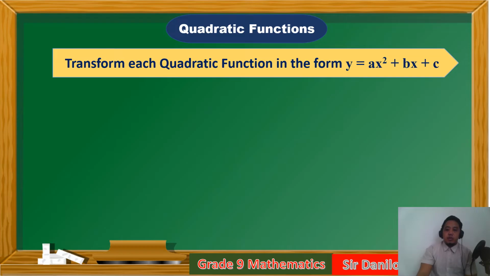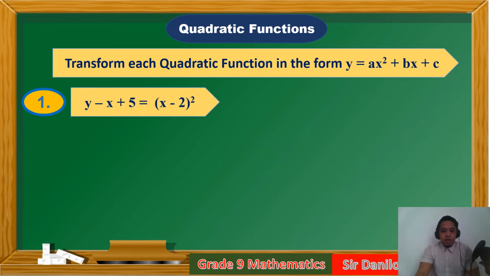Alright. So, ang first task natin is rewrite or transform itong quadratic function in the form of y equals ax squared plus bx plus c. Number one, we have y minus x plus 5 equals the quantity of x minus 2 raised to 2, or squared.